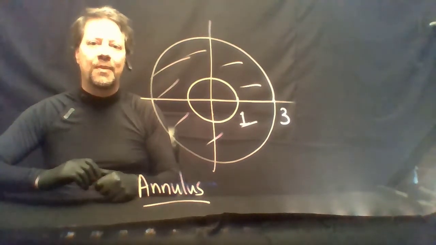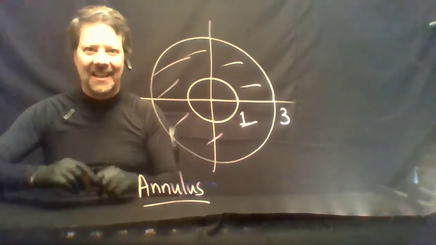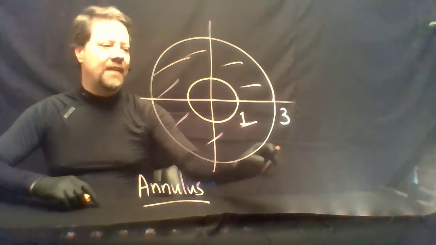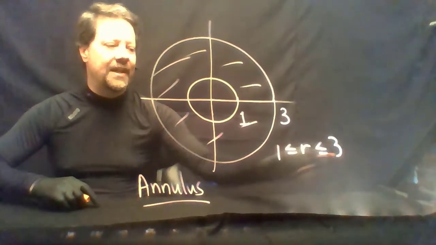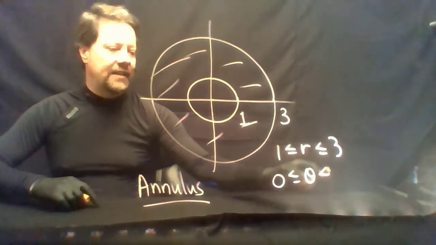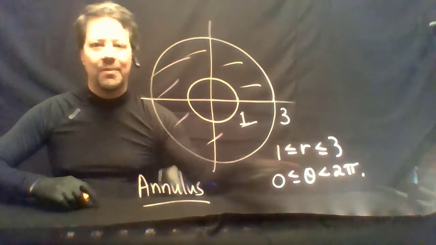Something is superannuated if it is really old and obsolete, kind of like me. This annulus can be described by 1 is less than or equal to r is less than or equal to 3, and 0 is less than or equal to theta is less than, you can put equal to if you wish, 2 pi.